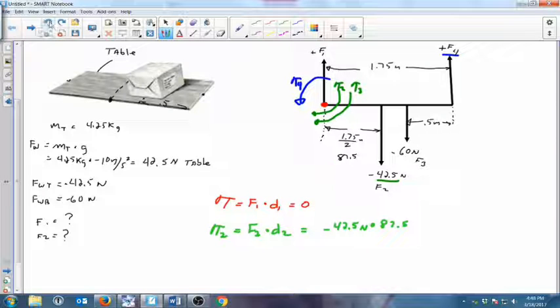Always good to check your work. This guy is 0.875 because the whole distance is only 1.75. So 0.875. Now let me get my calculator going here and multiply that out. We'll see what we got. We got negative 42.5 times 0.875.